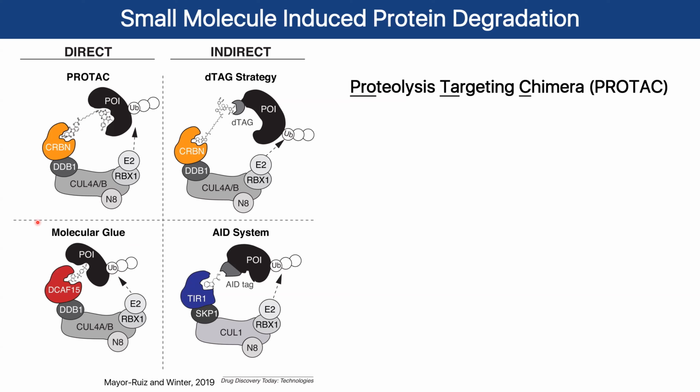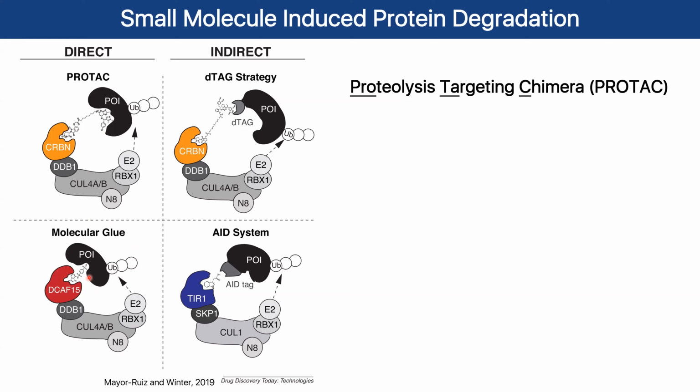There's another kind of degrader. These are actually very, very good compounds. We call them molecular glue. So essentially, this type of molecule is just a small molecule. It's not a bifunctional molecule. It's just a small molecule, with molecular weight about 400 or below 500.